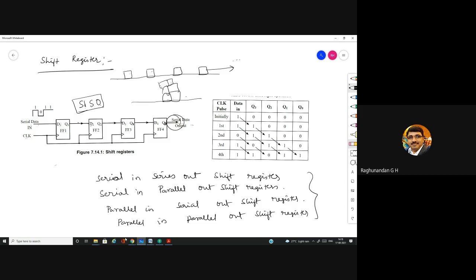You can see this in the table. Initially, the first bit is taken. Here we have taken an example of 1011. 1011 is the sequence we have assumed.